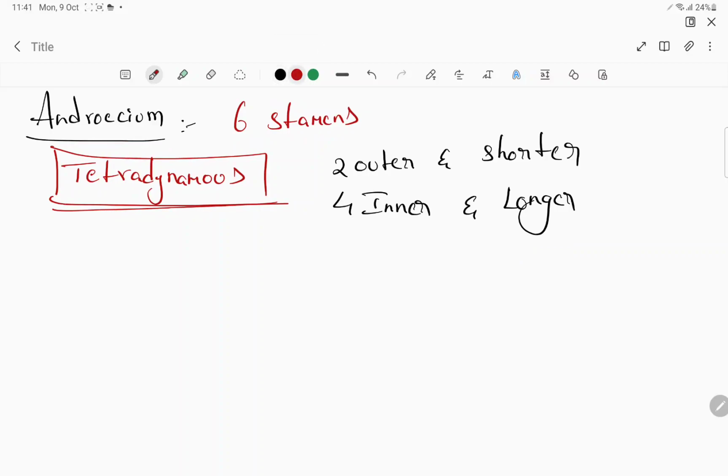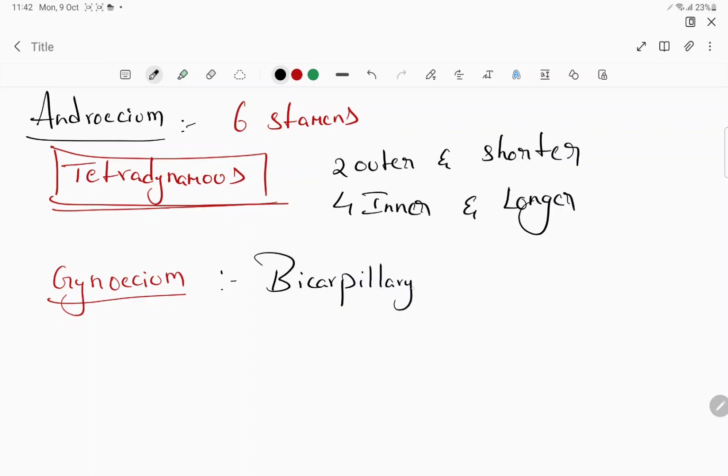And next we will be talking about gynoecium. Bicarpellary, syncarpous, means both are fused.